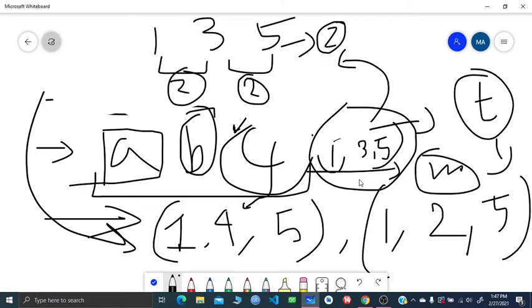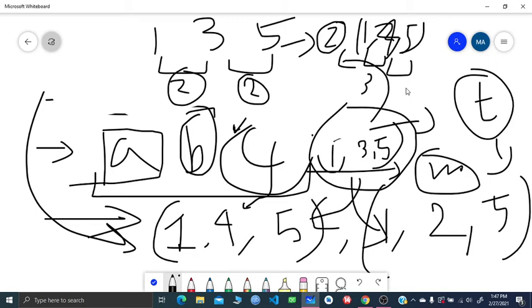But if I analyze for this sequence, I will get something special. Let's see, 145. So for 145, this part becomes 3, this part becomes 1. Out of these two, which is the maximum? 3 is the maximum. So for this sequence, I'm getting an improved result, which is 3.